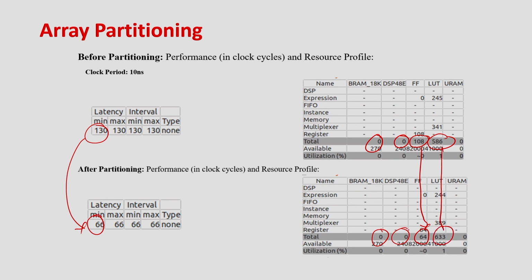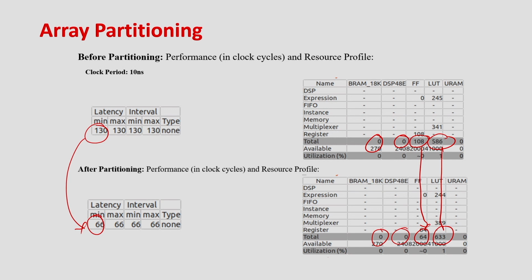But I think one of the reasons for this reduction in flip flops is probably the reuse of the same flip flops to store different partitions of the array. So, it clearly says that array partitioning helps improve the performance of the matrix addition without much increase of the resources.